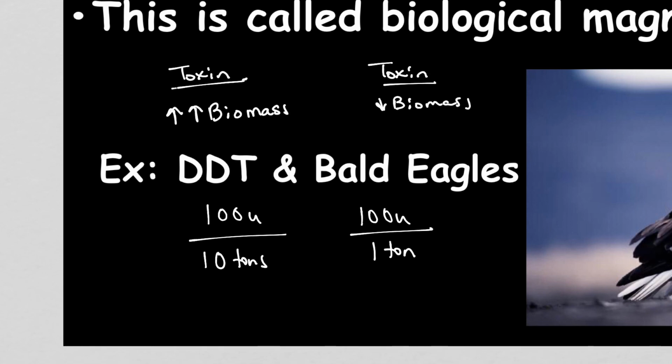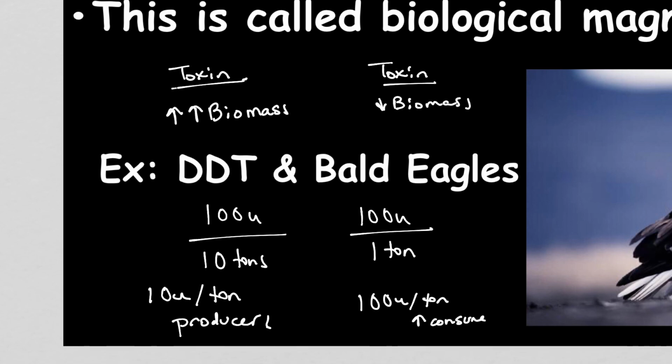So if we divide that 100 units over 10 tons, we're going to have 10 units per ton in the producers. But we're going to have 100 units per ton in your higher level consumers. Does that make sense? And the reason is because this is your biomass. And your biomass is decreasing over here because you've lost that energy, and as a result, you've lost biomass, but your toxin is staying the same.